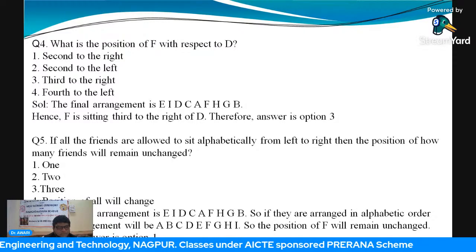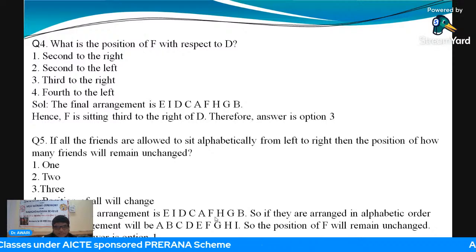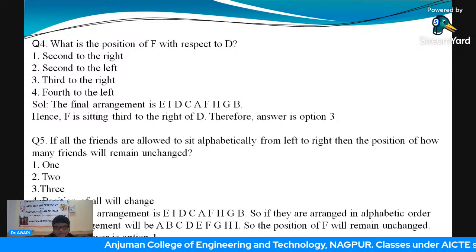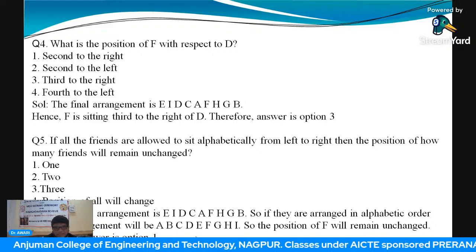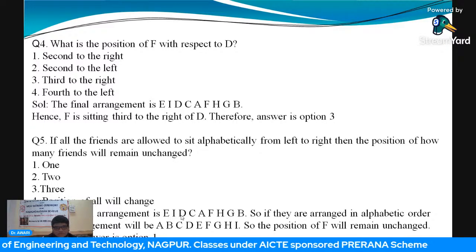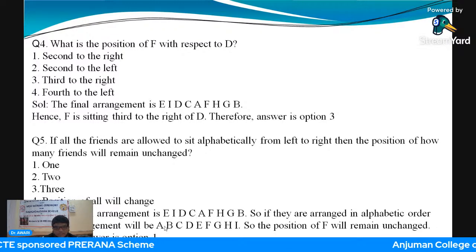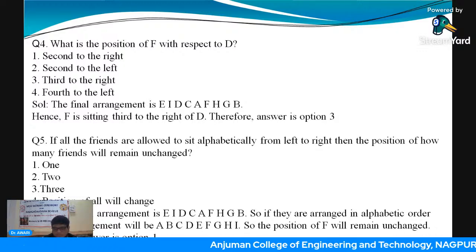So if you look here, the given arrangement is E, I, D, C, A, F, H, G, B. If they are arranged in alphabetical order, then the arrangement will be A, B, C, D, E, F, G, H, I. So which position remains unchanged? If you see here, 1, 2, 3, 4, 5, 6, the position of F is 6 in both. So the F position will remain unchanged. Therefore, the answer is option 1.